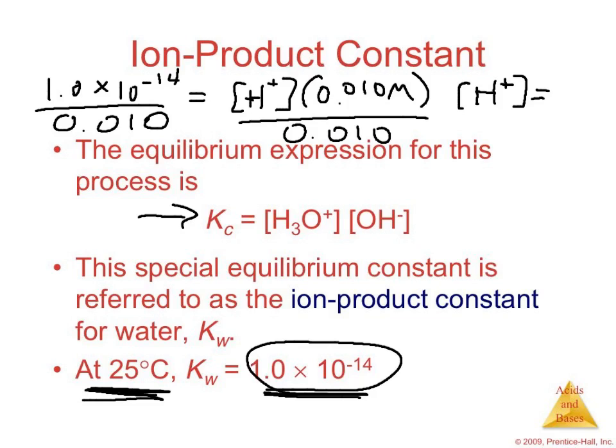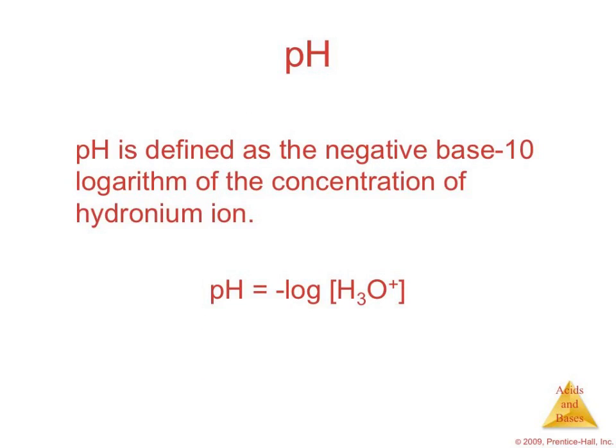Alright? Alright, so as far as pH is concerned, pH is the negative base 10 logarithm of the concentration of hydronium, or again, H plus could be substituted in there. So this equation is very important, alright? And basically, this is just kind of a way to help us not to have to work with such small numbers all the time.